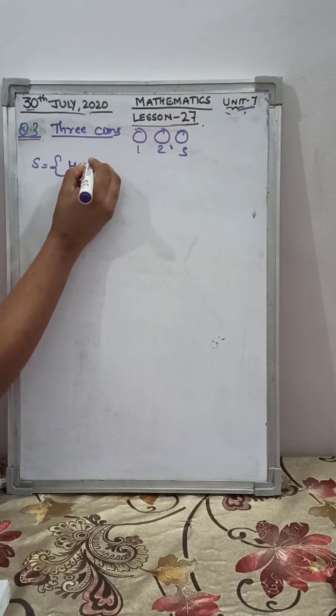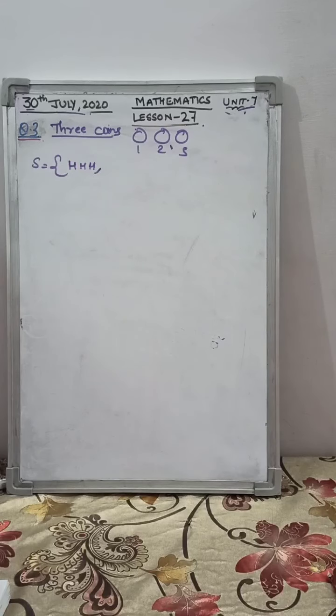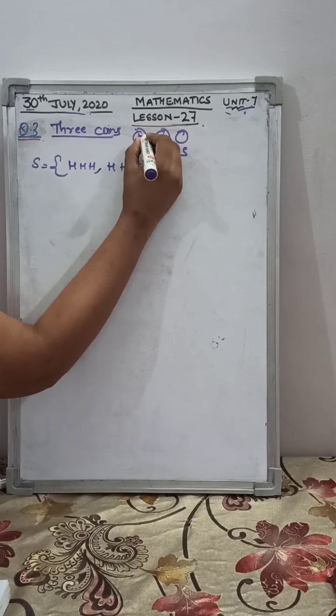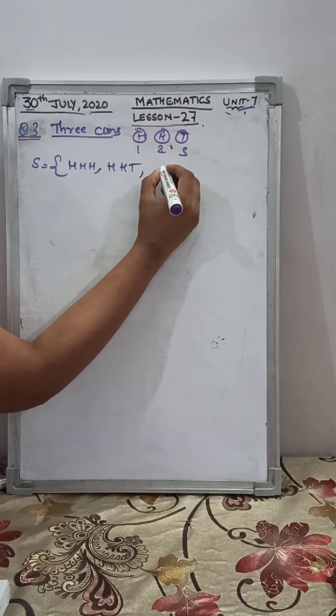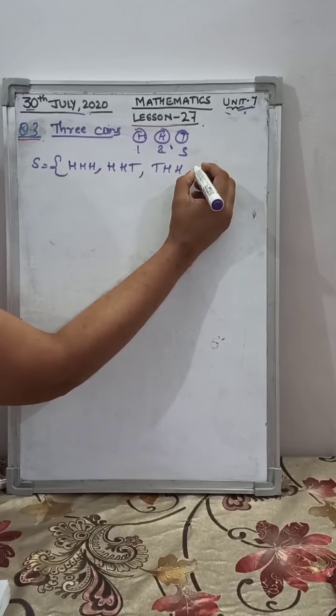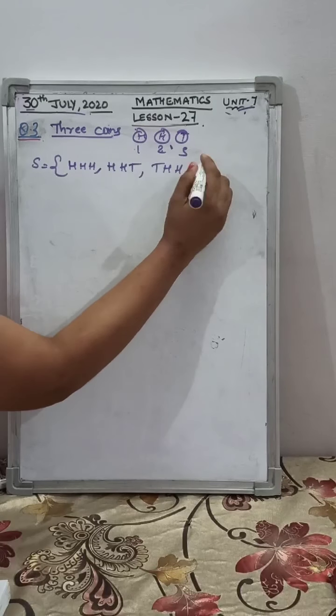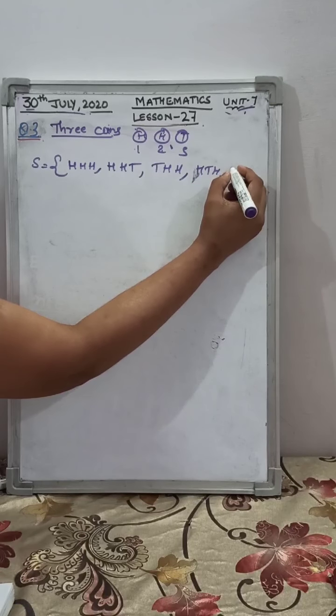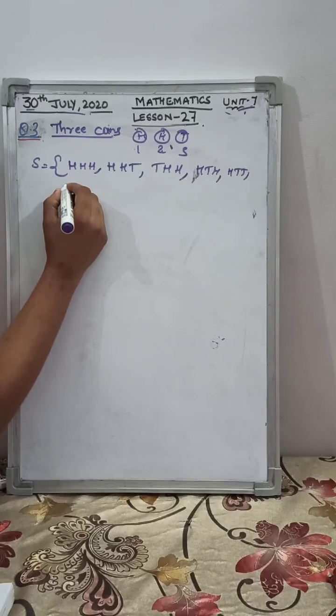So first will be your 3 heads. Second, 2 heads on the first 2, and the third one is having the tail. Same way, the first is having the tail, the other 2 are having the head. The third one is having, second one is having the tail. Then first one is having the head, other 2 are having the tail.